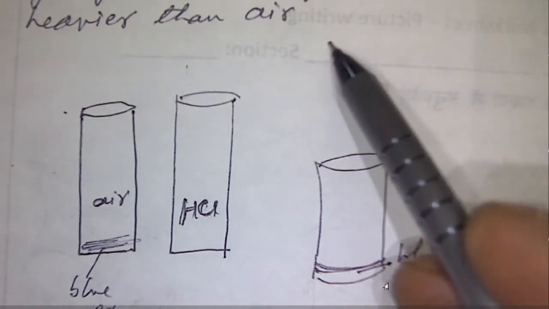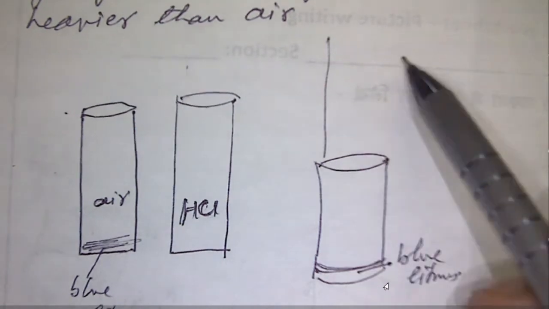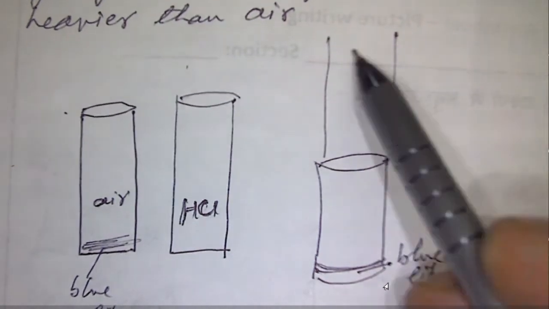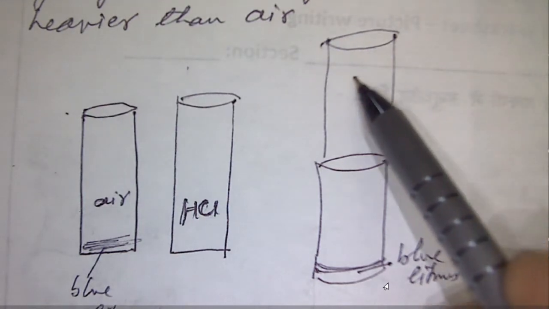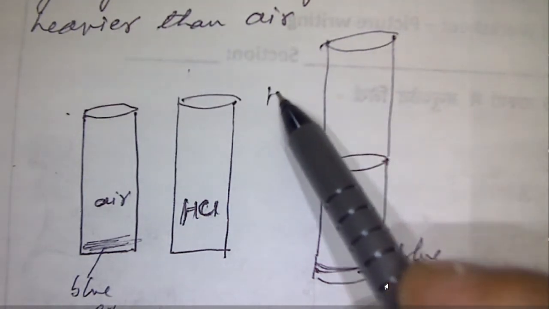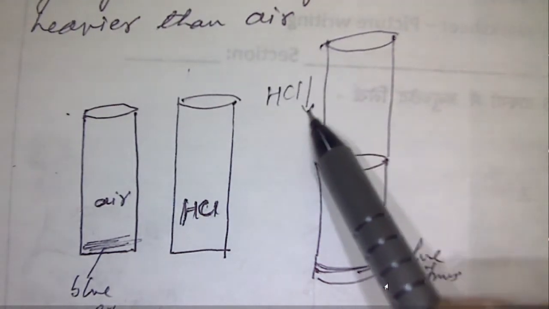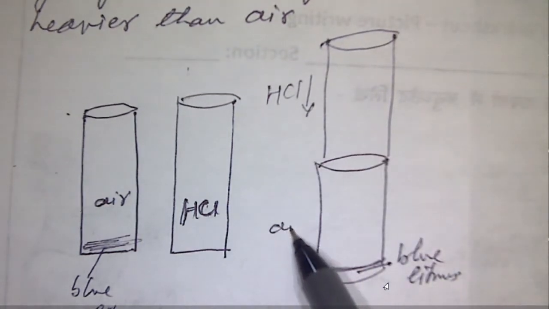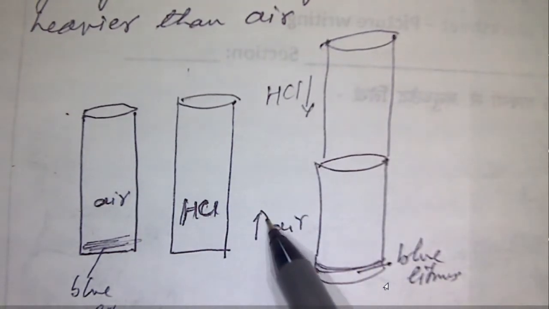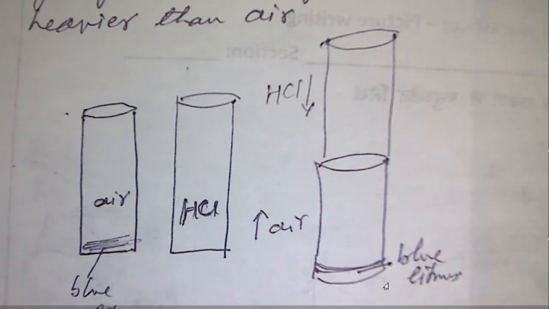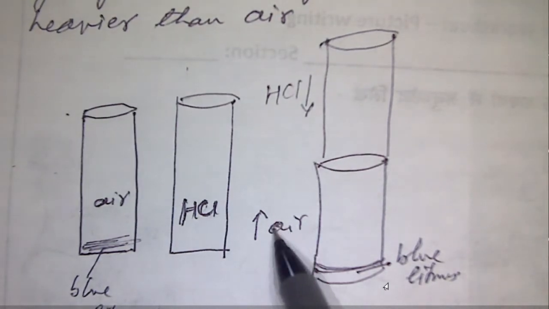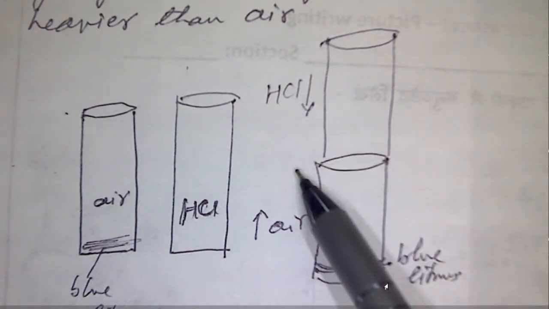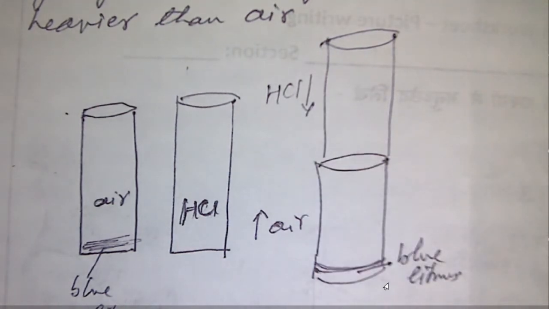So this second container, I'm going to put it on top of this. So when I put the second container, here you had HCl. From here, HCl will move downwards, and this is air. Air will move upwards, and HCl will move downwards.